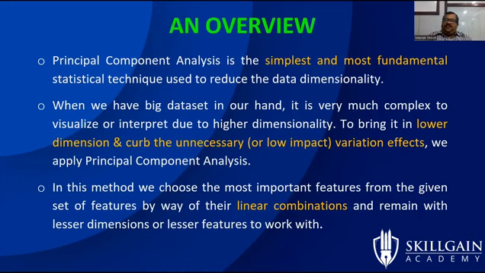In this method, we choose the most important features from the given data set by way of their linear combinations and remain with fewer dimensions or features to work with. Please remember that we are not deleting any features. We are making linear combinations of those features and using each combination as one dimension.